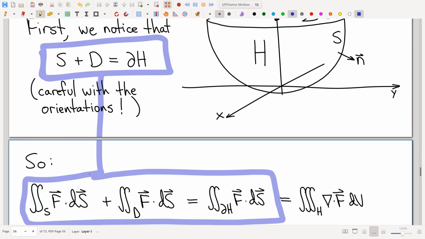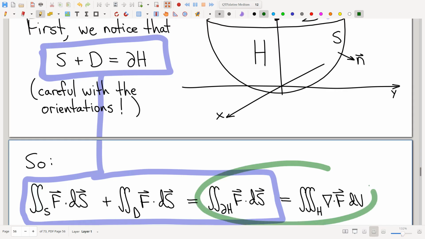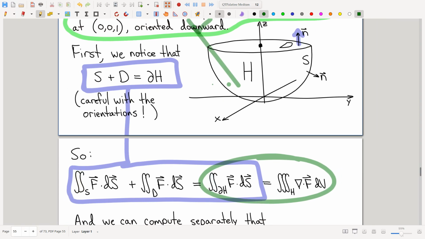And then notice this one is literally a boundary, and therefore I can write down the divergence theorem. So the divergence theorem kicks in.